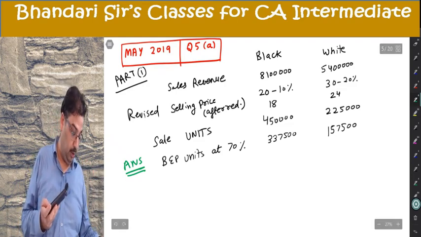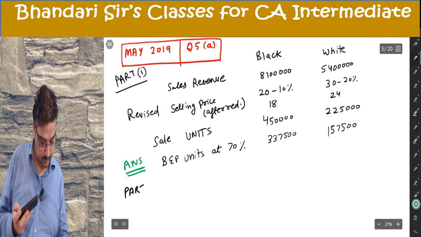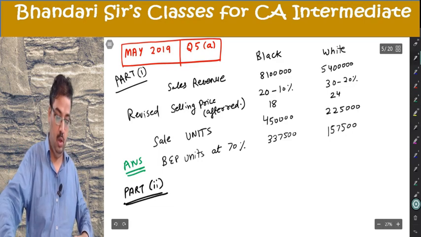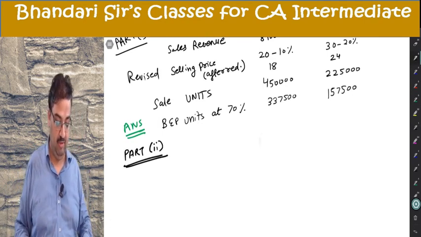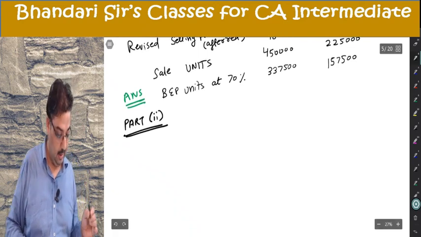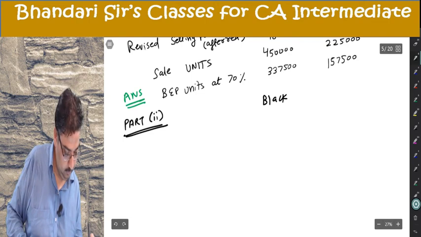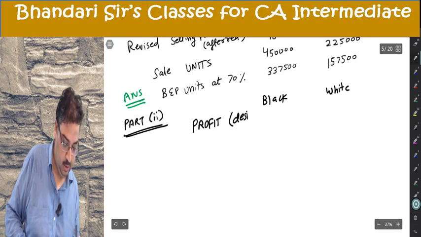Now I reach part 2. Now he is saying we want to maintain a specific profit. I'll write all that data, for black, for white. Profit which is desired to be maintained.